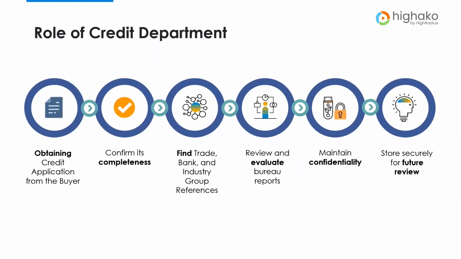You want to go back and review the credit application, maybe check with the references in the bank once again, and just make sure that as you increase that credit line, that you're doing it from kind of a knowledge base.